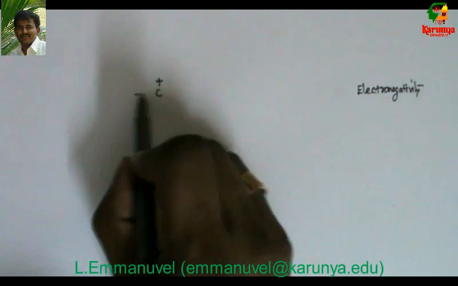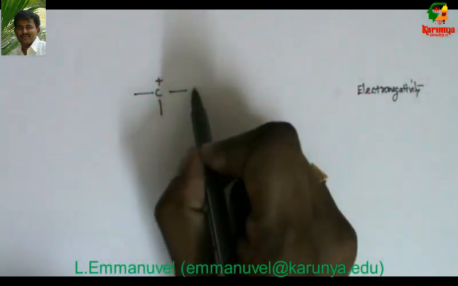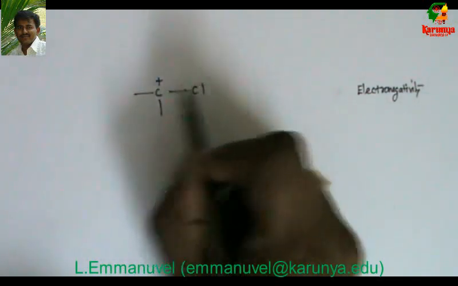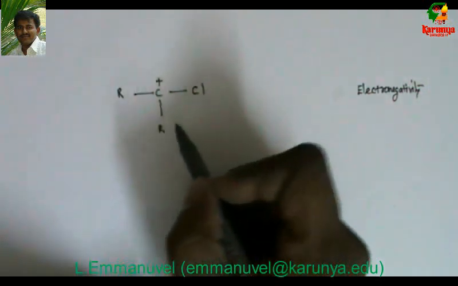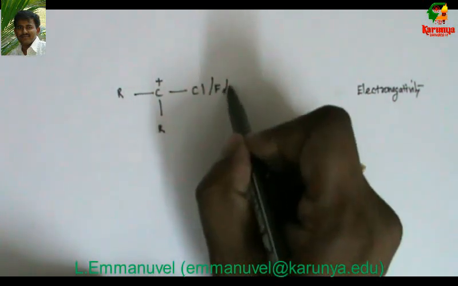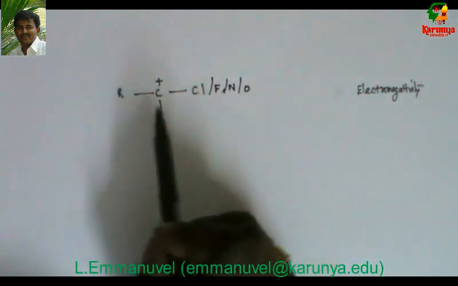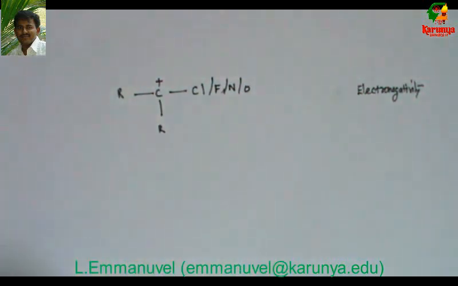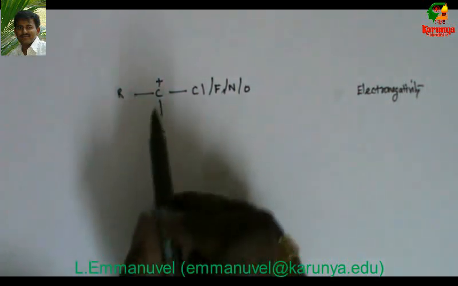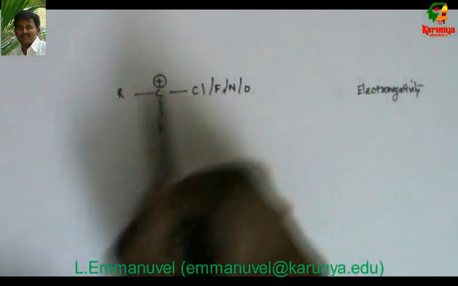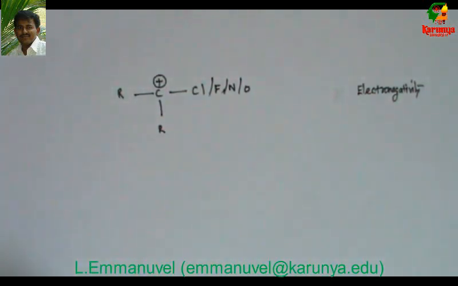That means there is an electronegative atom like Cl or a halogen, even NO. So all these atoms have higher electronegativity than carbon. So if we attach this, what will happen? This is the question. But is it possible to generate a carbocation here? No, it is not possible. Such a system will not be stable.